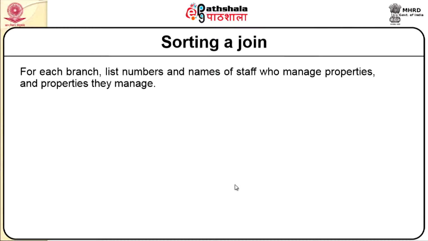How should we go with sorting of a join operator? For each branch, list numbers and names of staff who manage properties and the properties they manage.